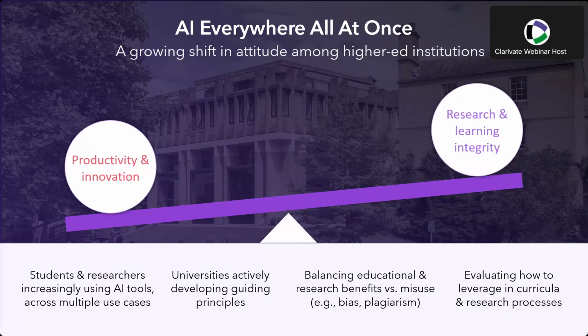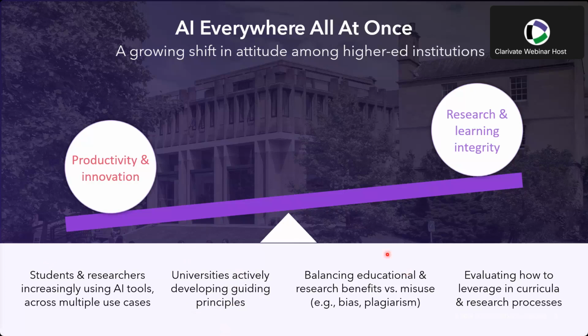What we've seen is students and researchers increasingly use AI tools across different use cases like literature review, generating content. It even generates citations, like references to the literature. We've seen universities, but also governments, countries, Ministry for Higher Education and Research, actively developing guiding principles on how this technology should be used.